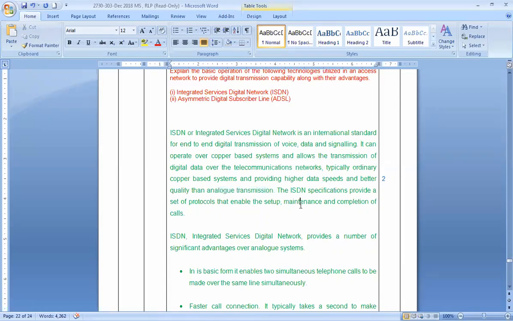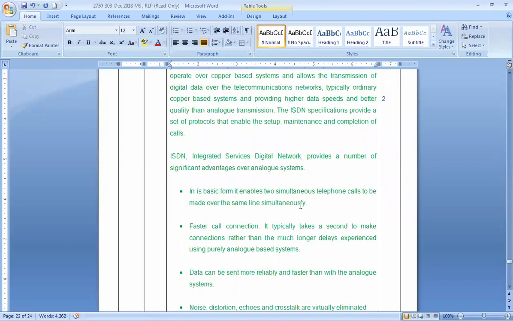The ISDN specification provides a set of protocols that enable the setup, maintenance, and completion of calls. So you need to have a certain rule, like how you start making a call, how you maintain the network, and how you complete the call, right? Remember, I was telling you in the previous session about the disconnection charges, the call maintenance charges.